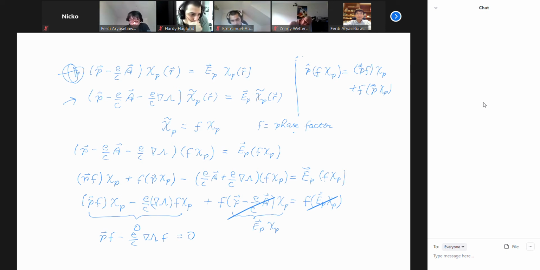So if we replace the p with a gradient, this becomes minus i h-bar gradient of F equal to (e/c) times F. Well, this is just a first order differential equation, and we can solve this so that the solution is just this exponential.